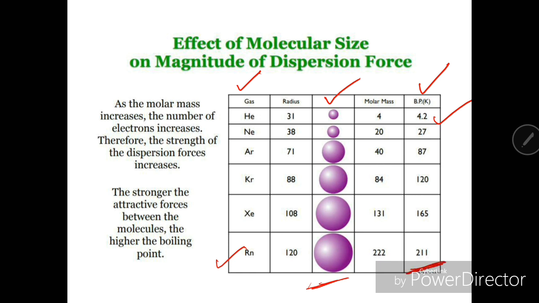So in this way, the more the size, the more the surface area, the more the strength of dispersion forces, and the more the strength of dispersion, the more the boiling point. One thing you may note here: the more the strength of intermolecular force, the higher the boiling point or melting point of the species.